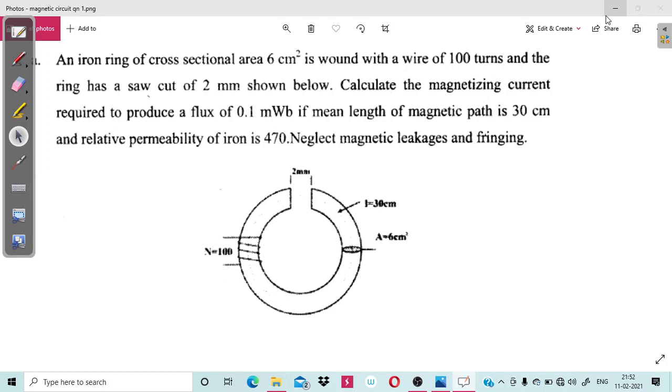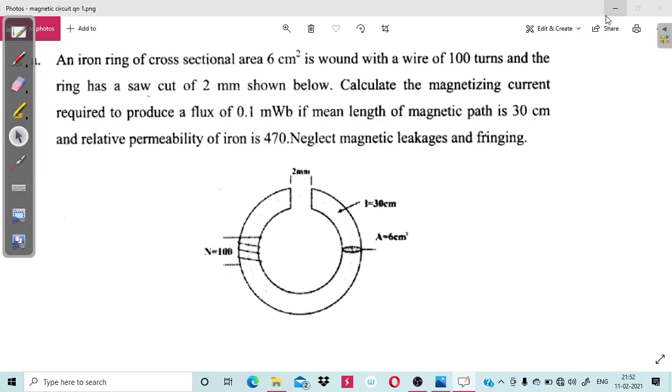With respect to the traveling of magnetic flux lines, these two media are in series. That means the flux lines will first travel through this iron, and they are not getting divided. The same flux phi is traveling from iron to the next medium, air. The same amount of flux phi.